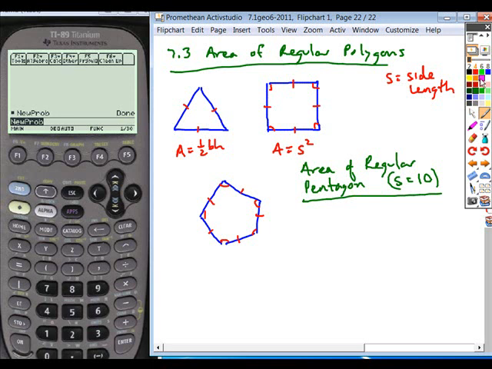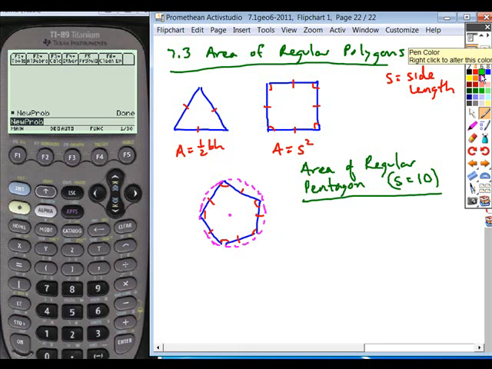The first thing to think about is that all regular polygons have centers. The center of a regular polygon is also the center of a circle that will pass through each vertex of that regular polygon. So that circle circumscribes the regular polygon.